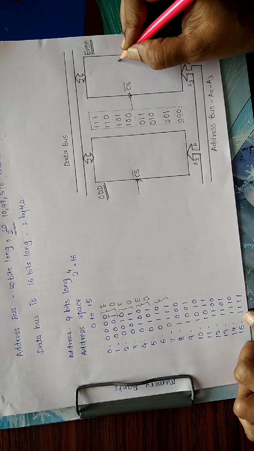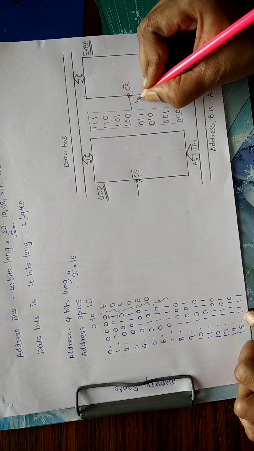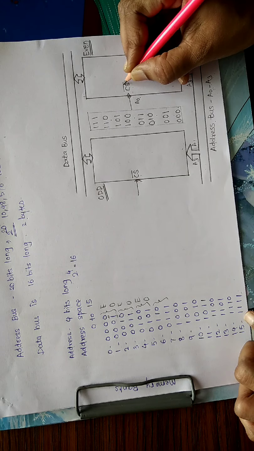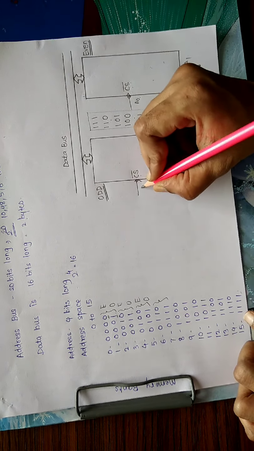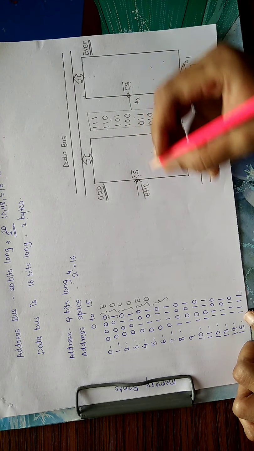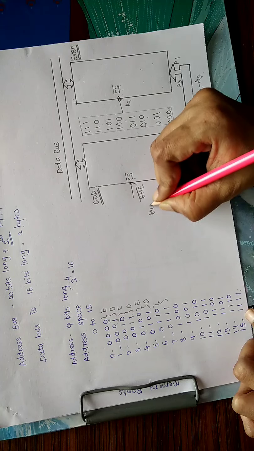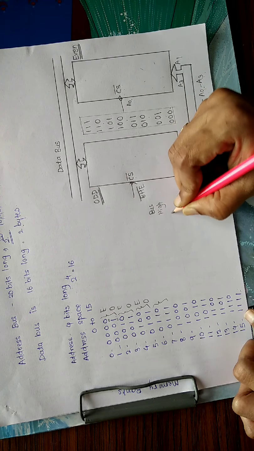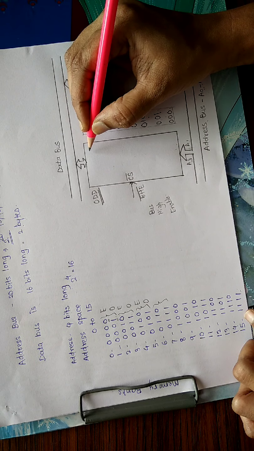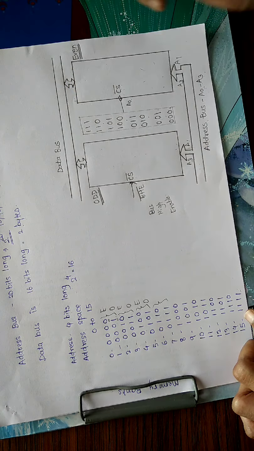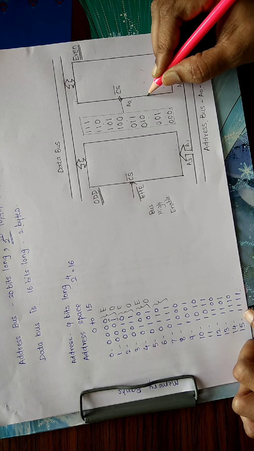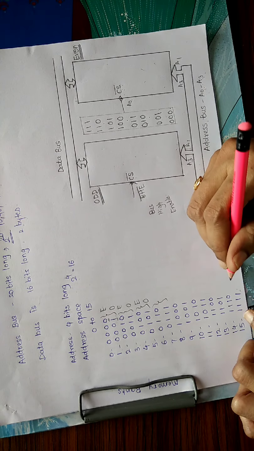it gets deactivated. The A0 pin, which carries the LSB, is connected to the CS bar of the even bank, and BHE bar, which stands for bus high enable, is connected to the CS bar pin of the odd memory bank. A0 is 0 only for even addresses.